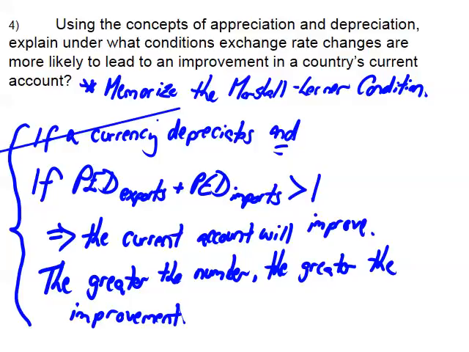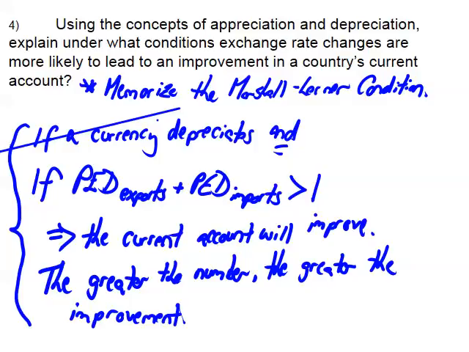So we'll just run through a few examples. If a currency, instead of depreciating, appreciates and everything else holds true, meaning the price elasticity of demand for exports plus the price elasticity of demand for imports is greater than 1, then we know the opposite is going to happen. The current account will worsen. Or if a country's currency depreciates and the PED for exports plus the PED for imports is less than 1, again, the opposite will happen.